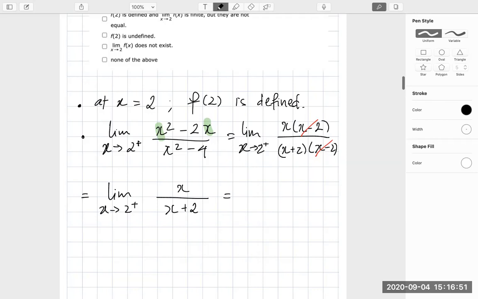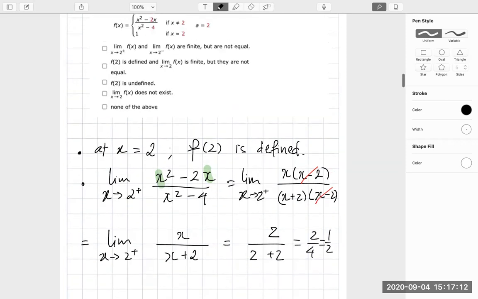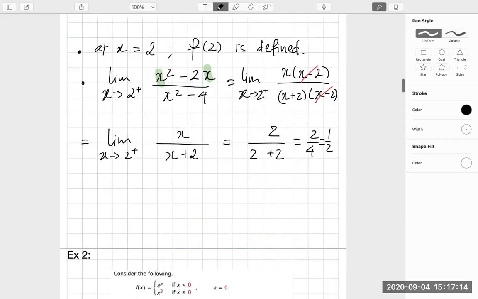It is 2 divided by 2 plus 2, which is 2 over 4, or 1/2.